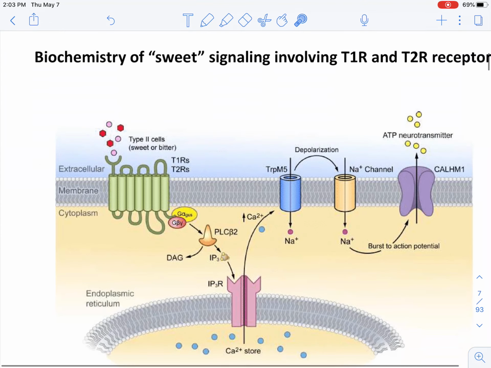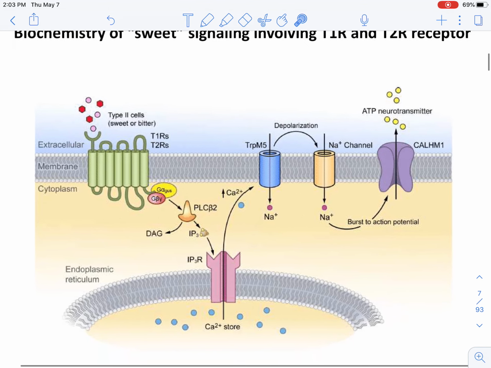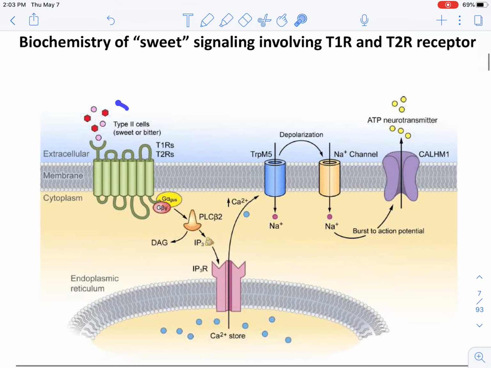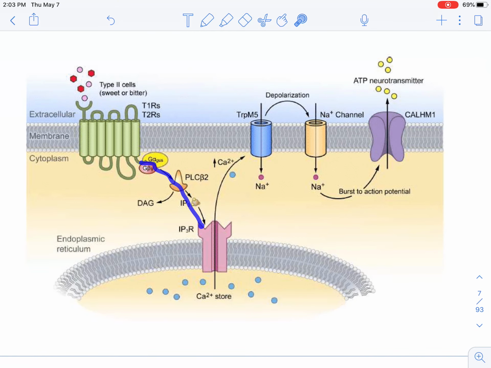And so I'm going to go ahead and skip these slides. But the main idea is that you have this sweet receptor, if you will, T1R, T2R. Once these carbohydrates bind onto the cell, it's going to undergo some type of phosphorylation cascade, allowing this depolarization that will produce an action potential, which releases a neurotransmitter.